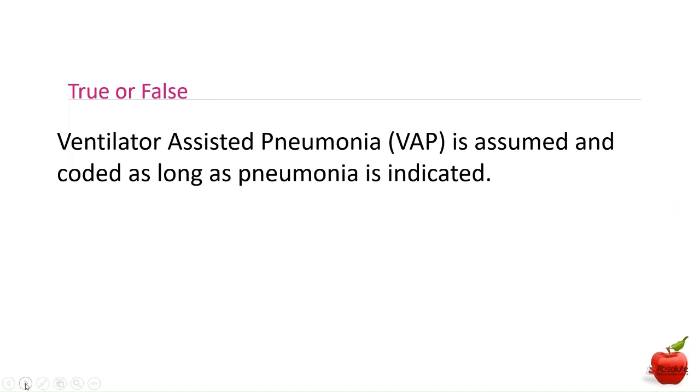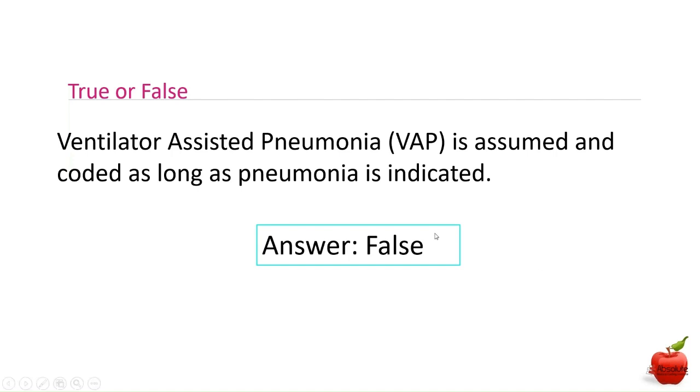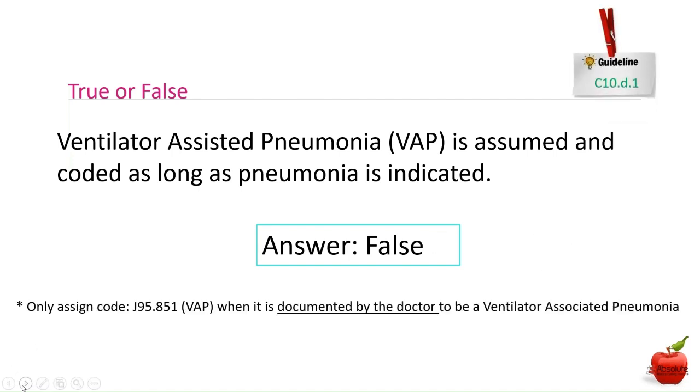Awesome to see those answers. And I'm happy to see that you again have reviewed all the guidelines. The answer is false. The guideline is C10.D1 and it states to only assign J95.81 ventilator associated pneumonia when it is documented by the doctor to be ventilator associated pneumonia.